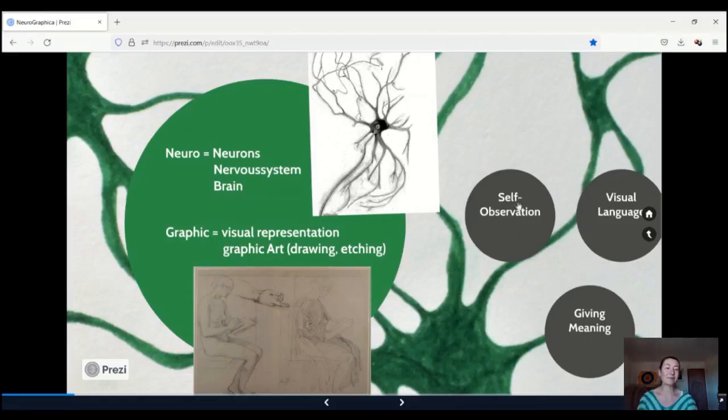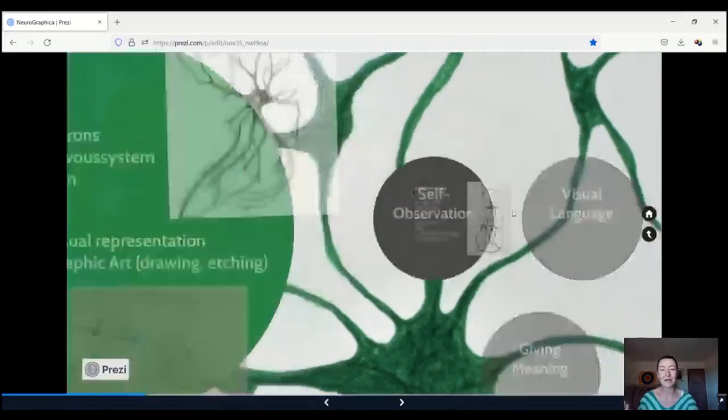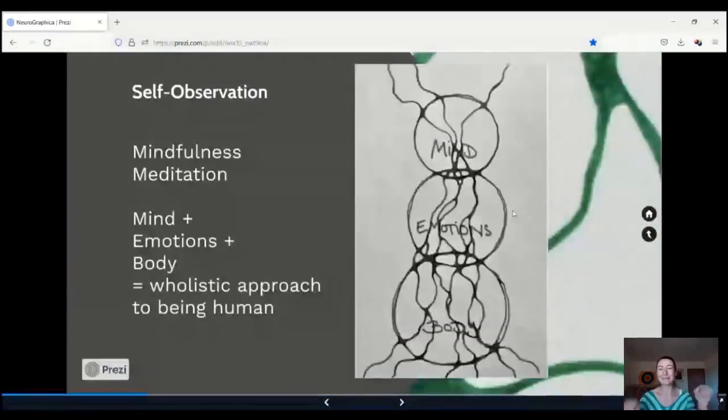So first of all, we have self-observation, which is interesting because why do we have self-observation? NeuroGraphica is a drawing process. We actually have a pen and a piece of paper and colors and we draw, but also it's a mindfulness practice because while we draw, we constantly observe ourselves.